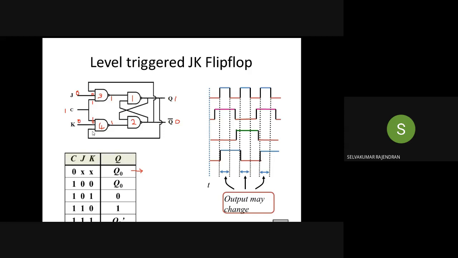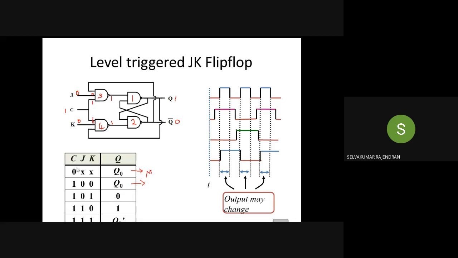So again it goes to memory state. It maintains the previous state outputs Q and Q bar. 1 and 0 will be maintained.